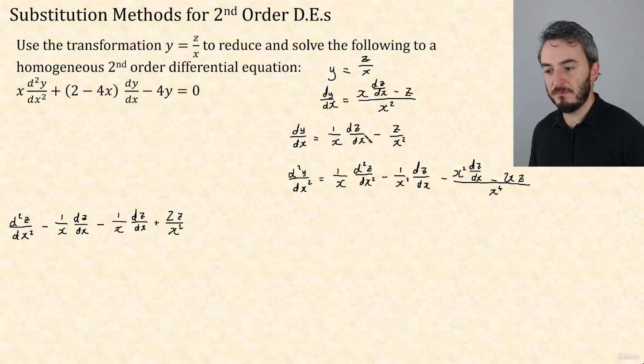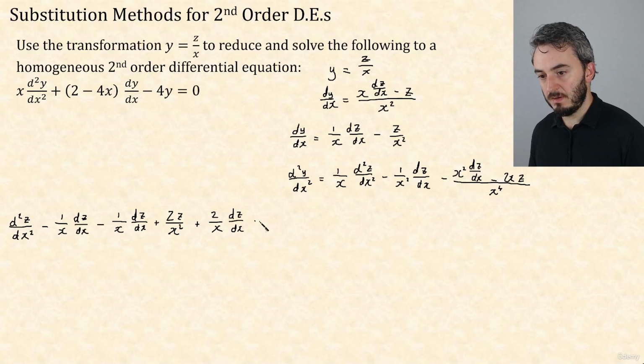Now I need to take the first derivative and multiply that by 2 minus 4x. So I'll just do that in 2 steps. 2 times all of this first, then minus 4x times all of this. So 2 times all of this gives me plus 2 over x dz by dx minus 2z over x squared. Now I'll multiply it by minus 4x.